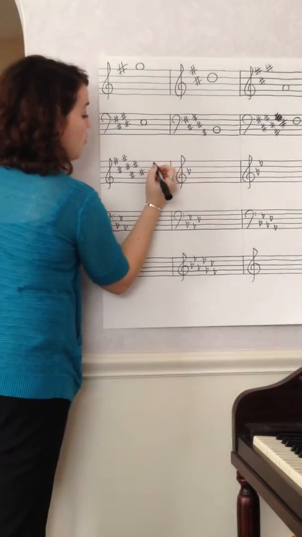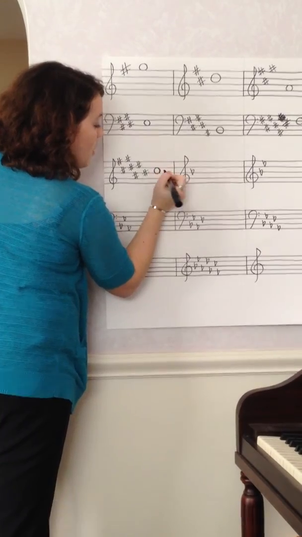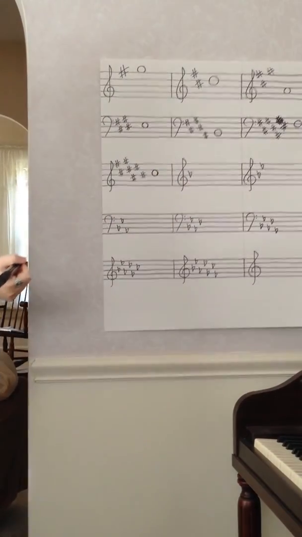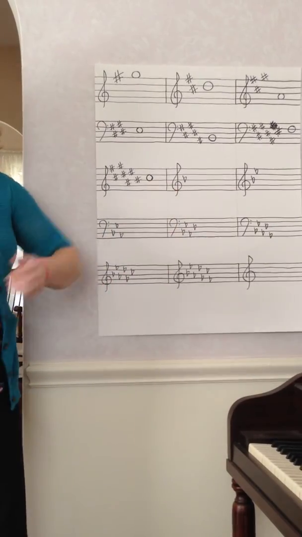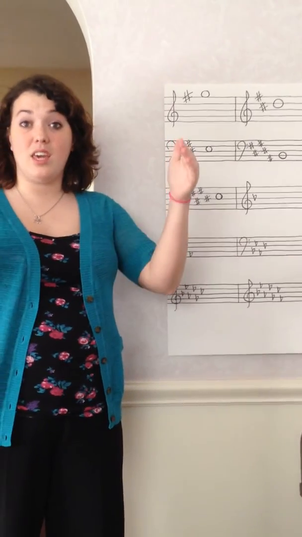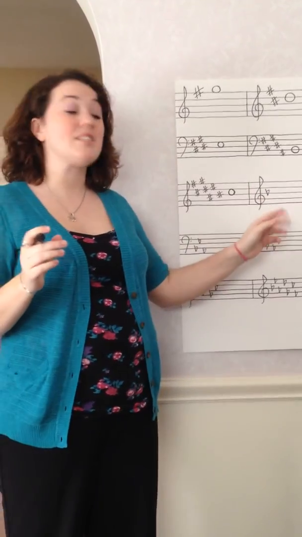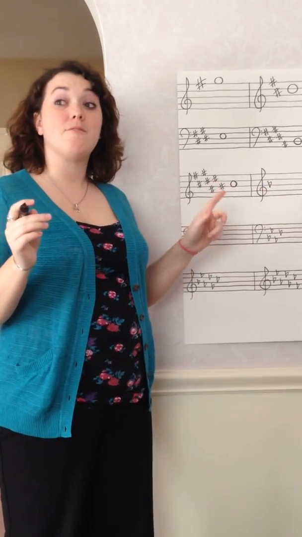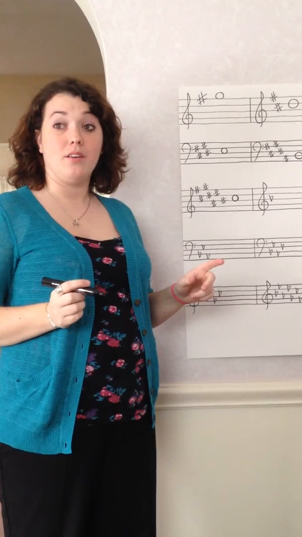So our key would be C sharp major. Okay? Sound good? Now, moving on to flat keys. There's another formula to think of when we think of finding the key for flats, okay? We can think of the last flat as fa and count down to do from there, okay?